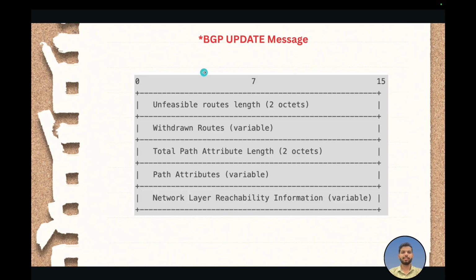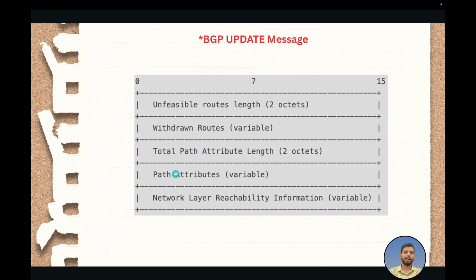So first, after the BGP header, we'll have the unfeasible routes length. This is basically 2 octets, at byte indexes 0, 7 and 15, so first octet and second octet. Then we have withdrawn routes, and this is variable, so if you want to withdraw routes, those will be sent over here. Then the total path attributes length: there are certain BGP path attributes that we'll talk about in the future, but just to give you an overview, this will reside over here.